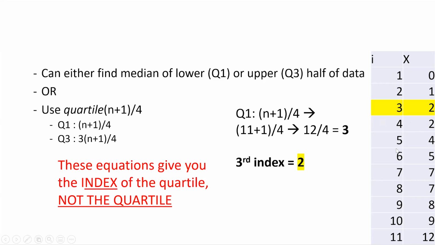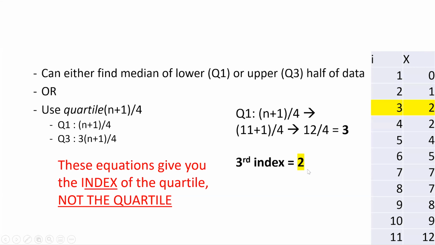There are 11 indices. So 11 plus 1 divided by 4 equals 3. So the third index is our Q1, which in this case is 2. In this class, we're pretty much just going to be using the quartile function in Excel, which we'll go over in a little bit when we get to the Excel part.